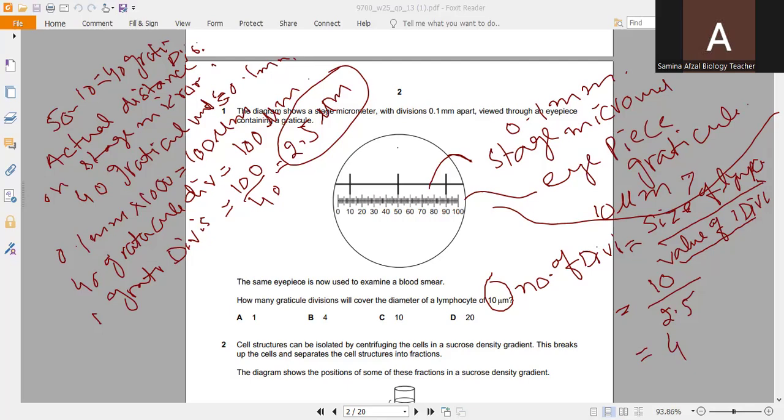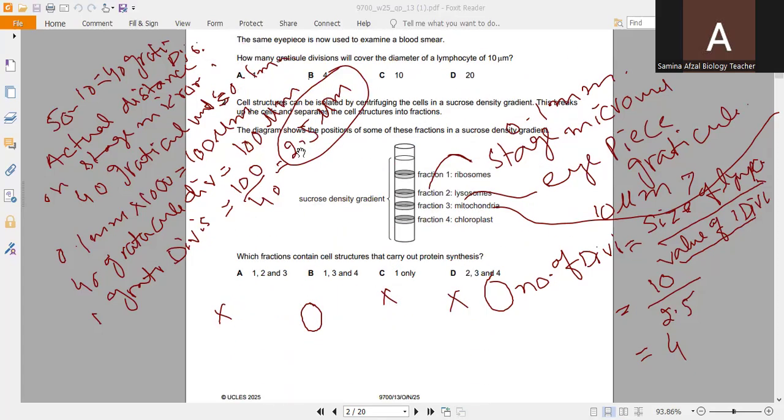After this calculation, we know that the answer is B. So B is the correct option. A, C, and D are not the correct options as we have calculated this answer from the given values.